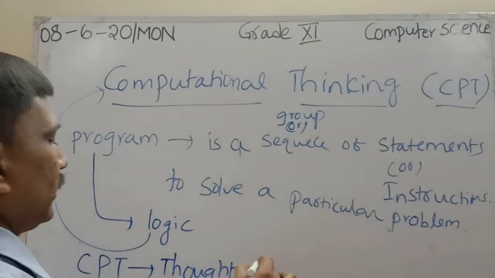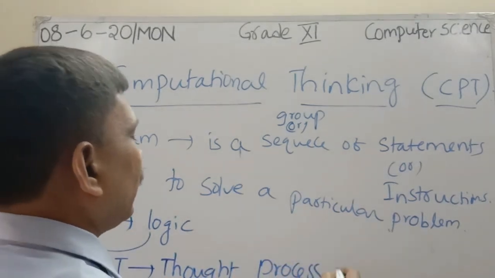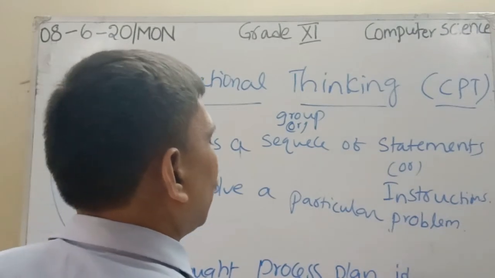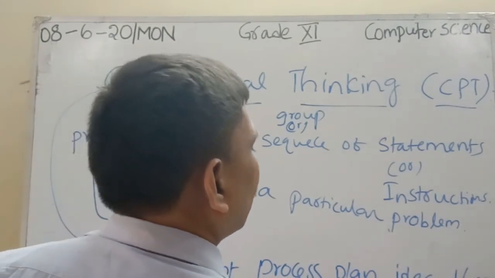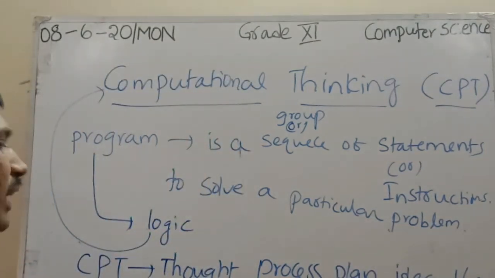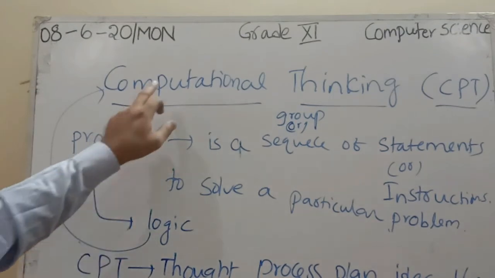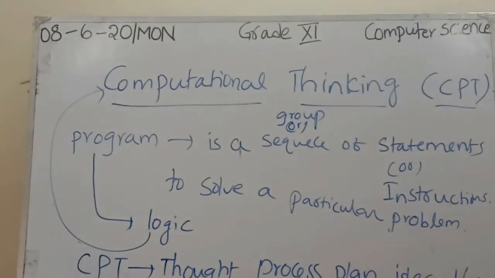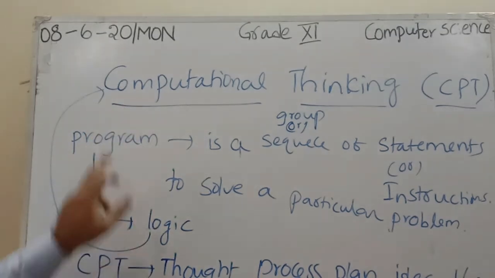It is an idea, thought process or plan, or thinking or logic. These are all similar words to represent computational thinking. To write programs in any programming language, whether it is a high level language program, assembly level language program or machine level language program, you write a sequence of instructions, and the logic must be implemented.